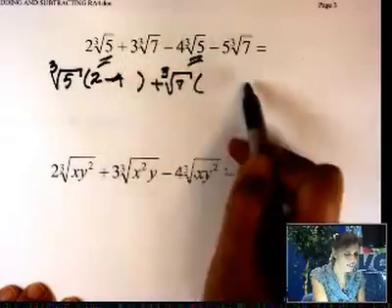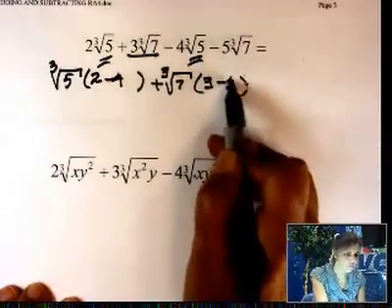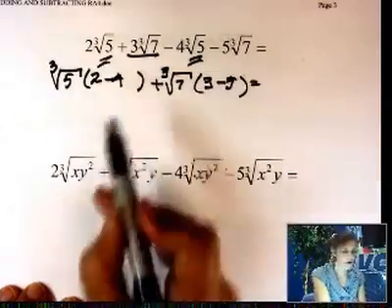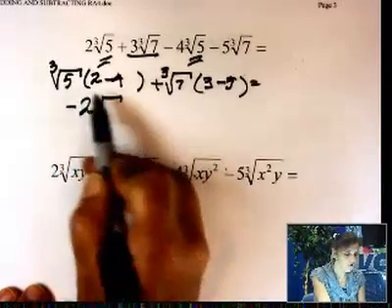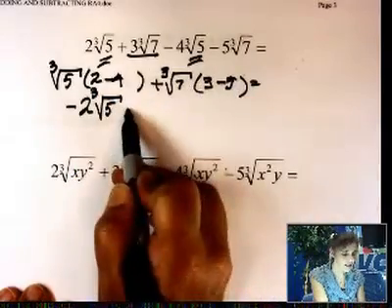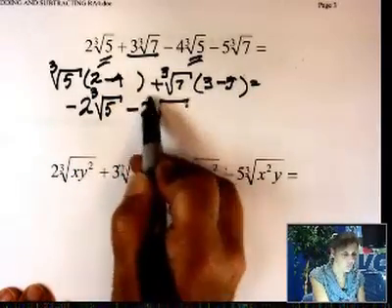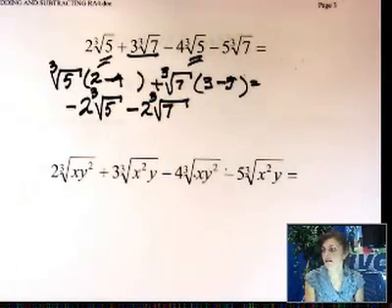What do you have left? You have 3, and you have a negative 5. So let's make it pretty. You have 2 minus 4, that's negative 2 cube root of 5. Okay, 3 minus 5, that's negative 2 cube root of 7. Okay? So that's it. That's the end of it.